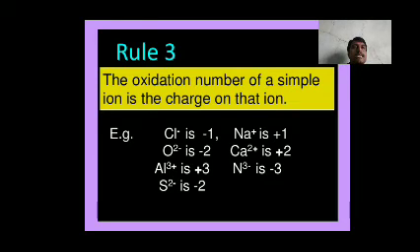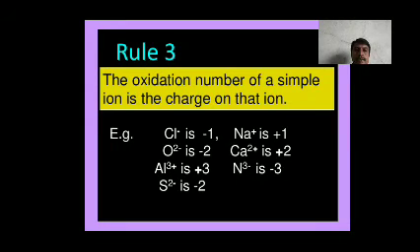The oxidation number of a simple ion is the charge on that ion. Cl minus: oxidation number minus 1. O2 minus: oxidation number minus 2.